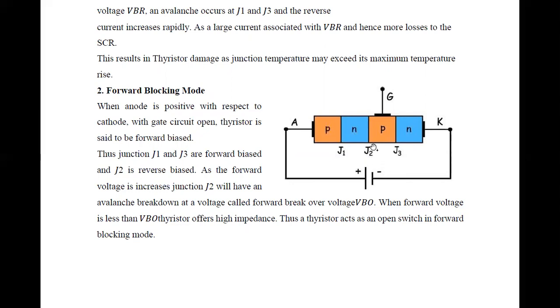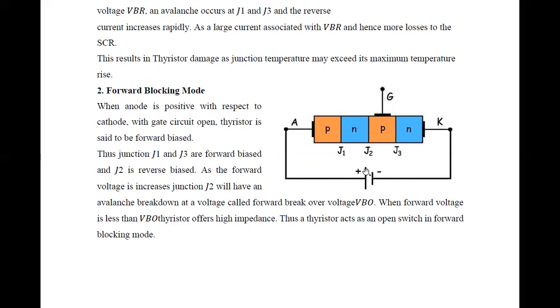As J2 is in reverse bias, it does not allow current, so this is also blocking the current. Hence the name blocking mode, and as it is connected in forward bias, it is called forward blocking mode. As this forward voltage increases further beyond the breakdown voltage, avalanche breakdown occurs at junction J2, and that voltage is known as forward breakover voltage.